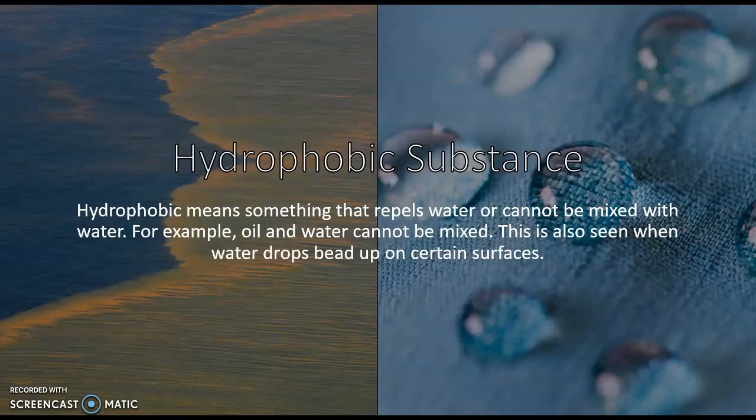A hydrophobic substance would be something that cannot be mixed with water, or it would repel water. For example, oil and water cannot be mixed. As we see in oil spills in oceans and lakes and rivers, the oil sits at the top of the water, which essentially makes it a little bit easier for us to clean the spills up.